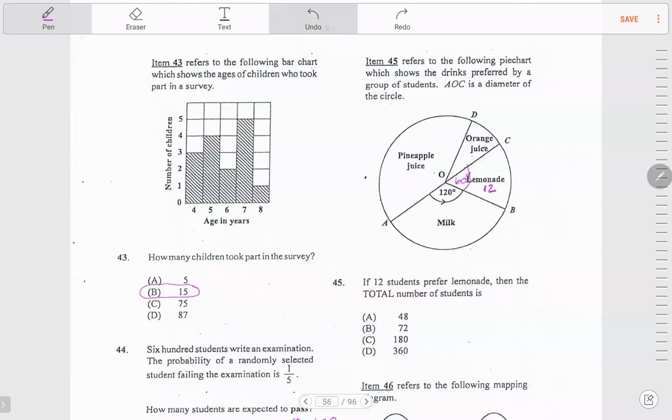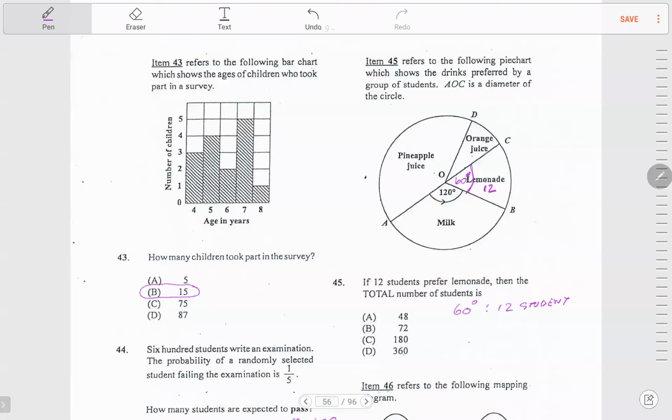Total along a straight line is 180, so right here is 120, then the angle right here is 60 degrees. And 60 degrees corresponds to 12 students. It's asking us for the total, so we can do it as a ratio, because 360 degrees will be the total. So 60 degrees to 12 students.